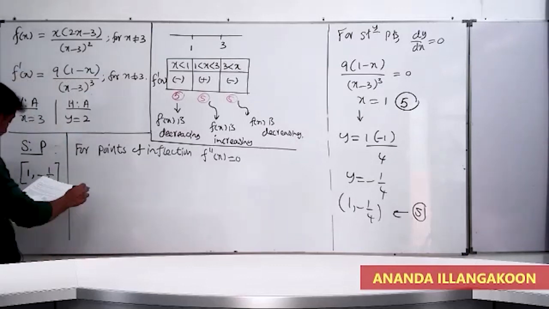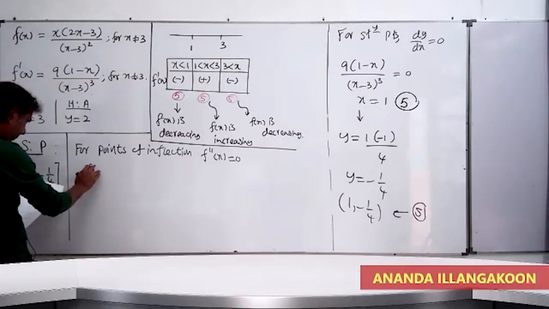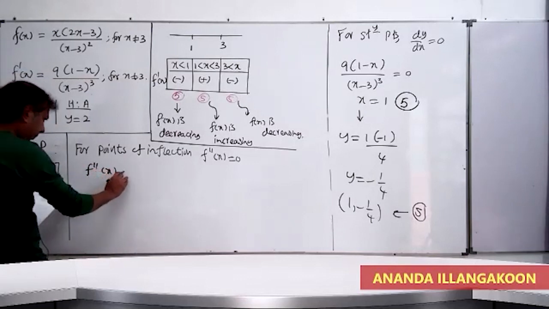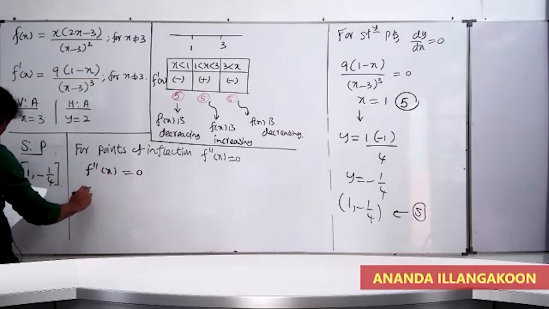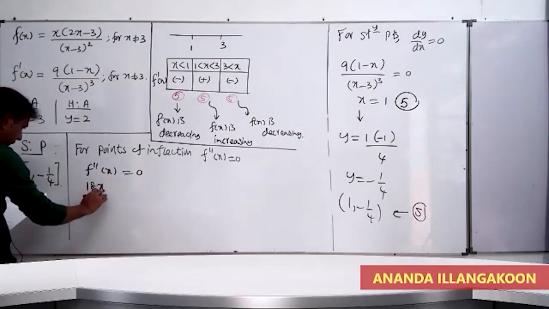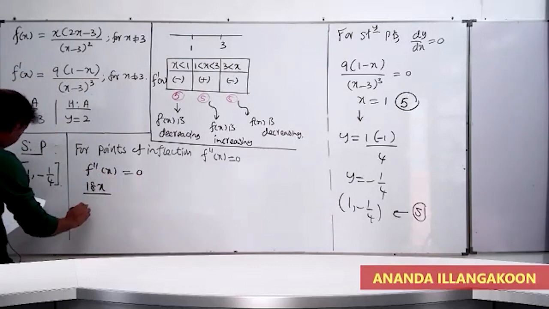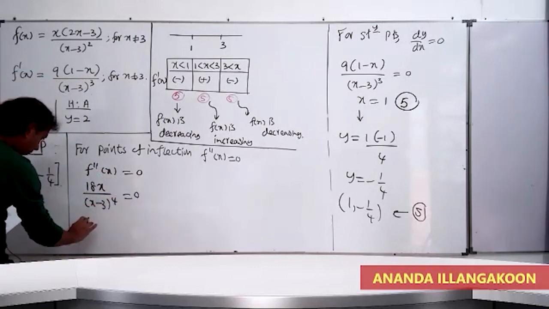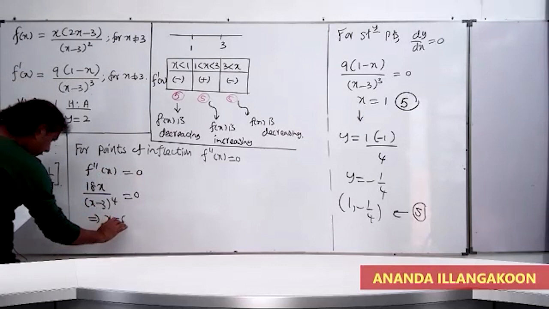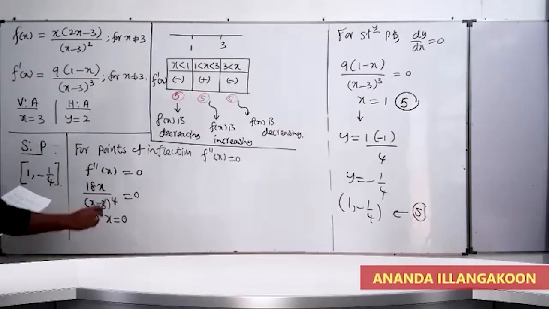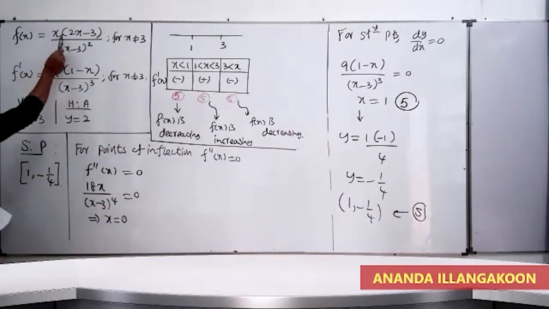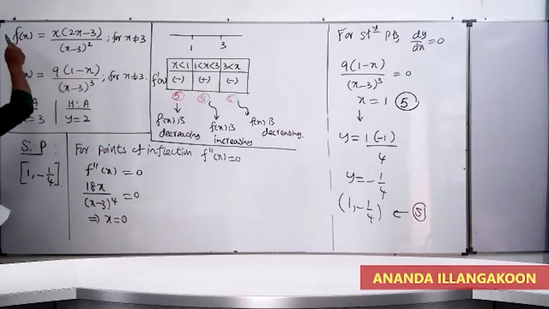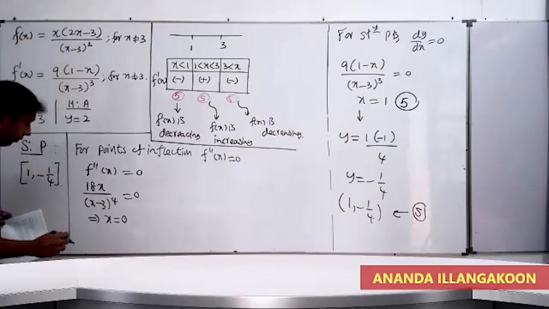This: 18x upon (x minus 3) to the power 4 equals 0. This gives x equals 0. If you put x equals 0 here and here, we can find f(x), that means the y coordinate.